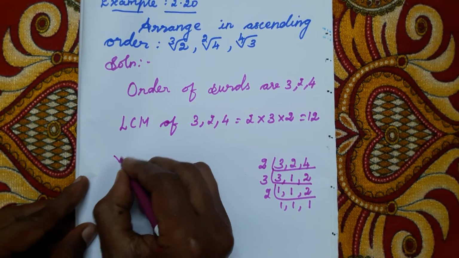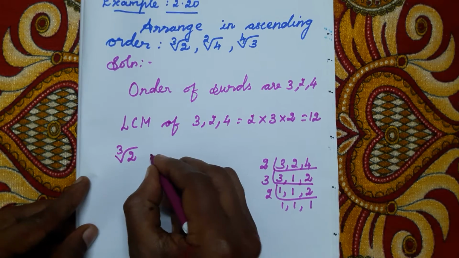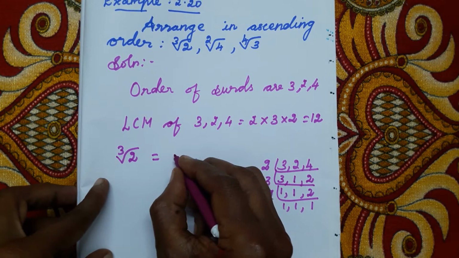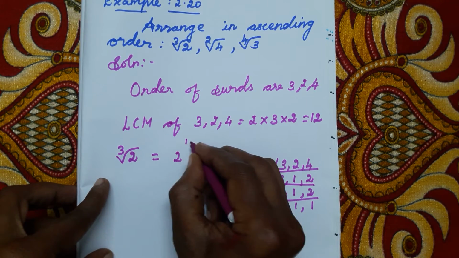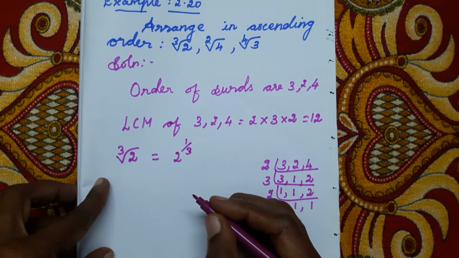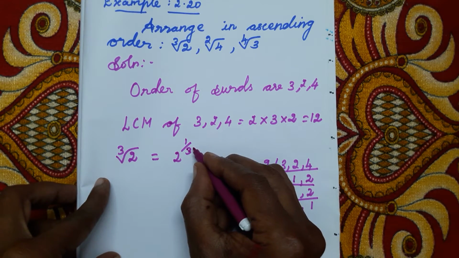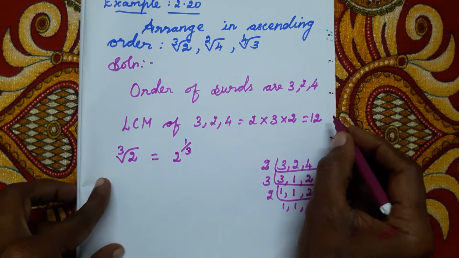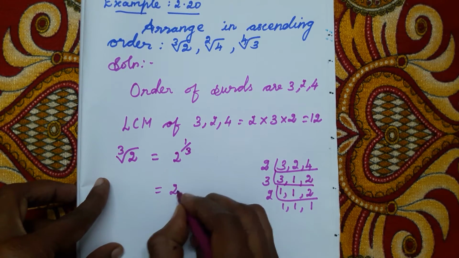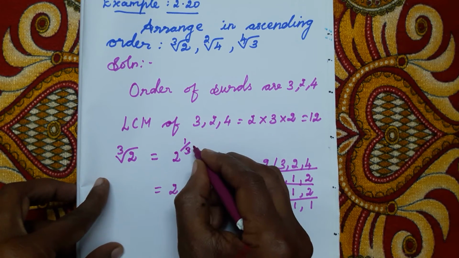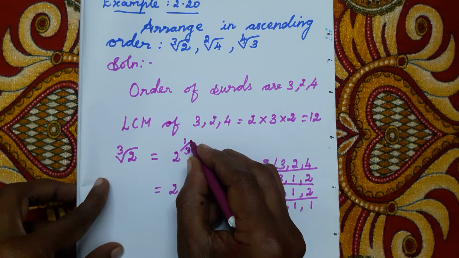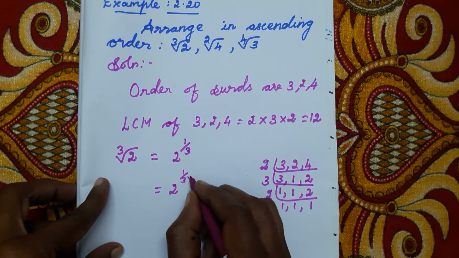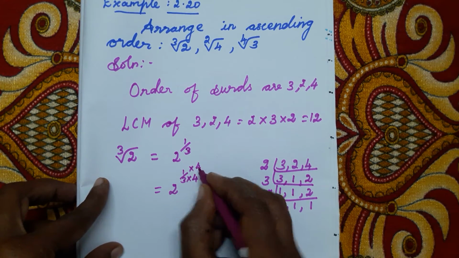Now I am taking the first one, cube root of 2. We can write this in fractional form: 2 power 1 by 3. Now we have to convert this 3 into 12. Why? The LCM is 12. So we multiply the power's numerator and denominator by 4. So 2 power 1 by 3 into 4. The denominator is multiplied and the numerator is also multiplied by 4.